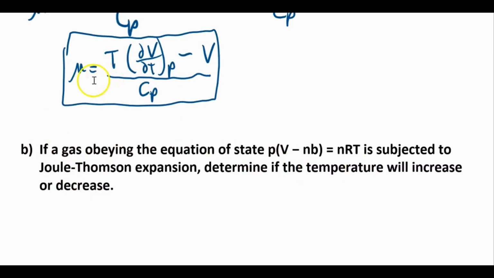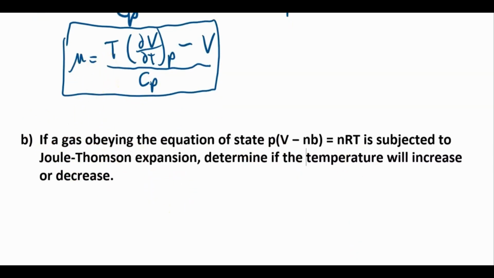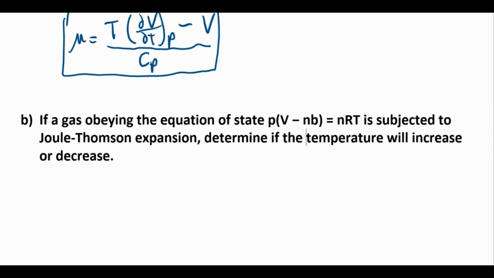Okay, let's look at this here. So we have this Joule-Thomson coefficient, and then we'll qualitatively determine if that's right or not. We need to plug this in. Well, first we need to deal with this partial. So let's do this derivative. So the partial V, partial T holding pressure constant, we're taking the derivative with respect to temperature of volume. And what is volume?